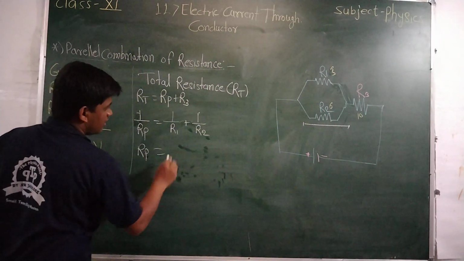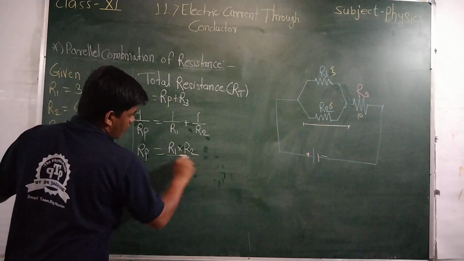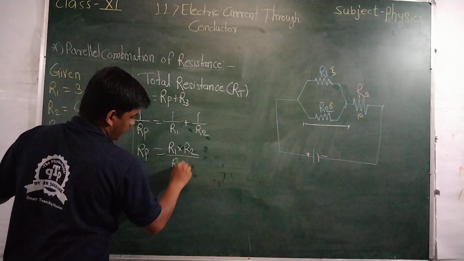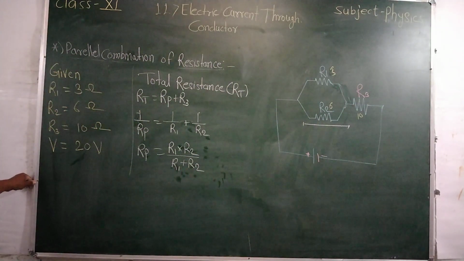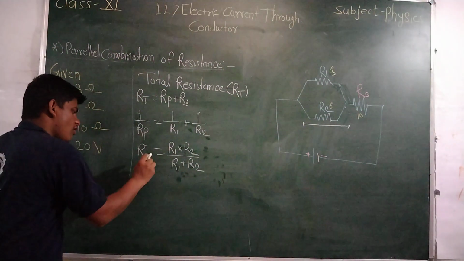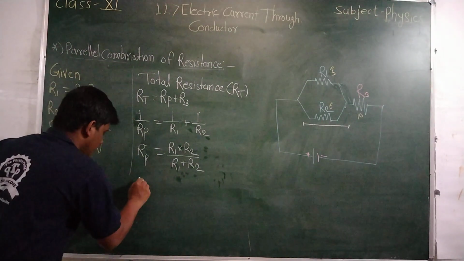RP is equal to the cross multiplication, R1 into R2 divided by the addition R1 plus R2. We know the values of R1 and R2, so I will calculate RP.